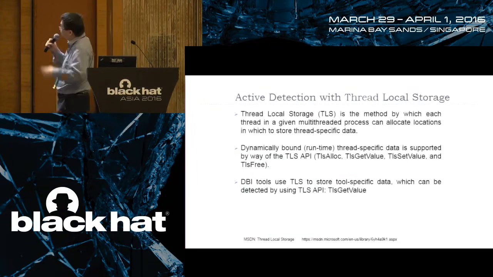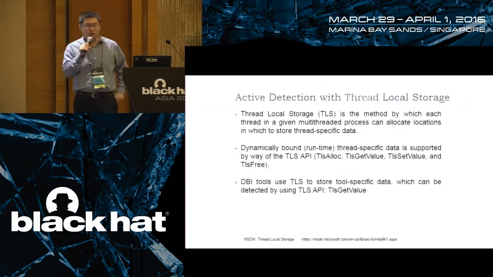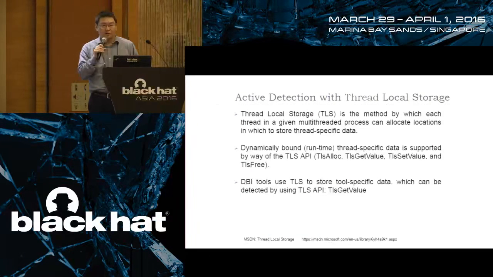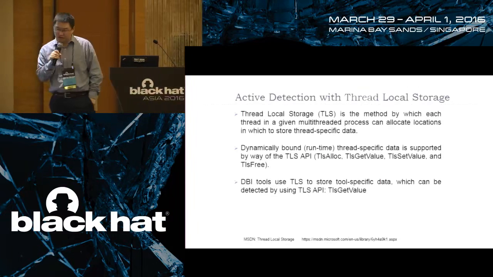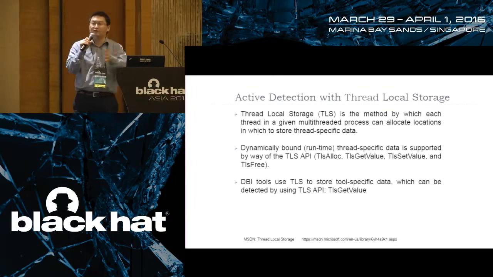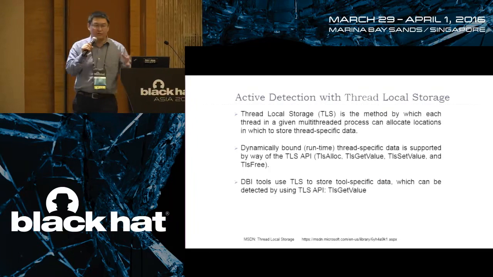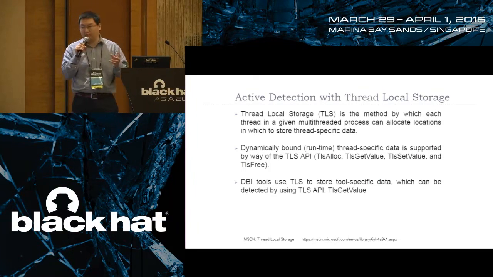Now we can see another approach for DBI detection. TLS is a very common technique or facility for people to enable multi-threaded programming, right? You have to keep some critical data per thread.